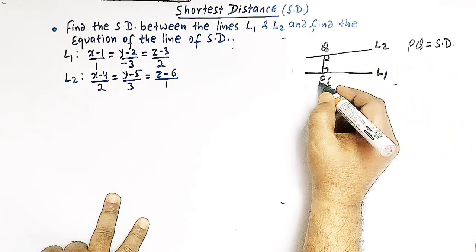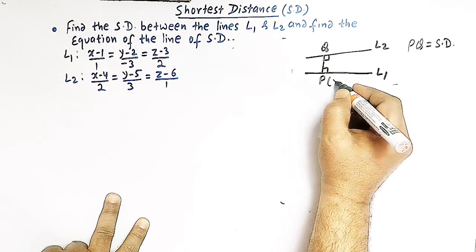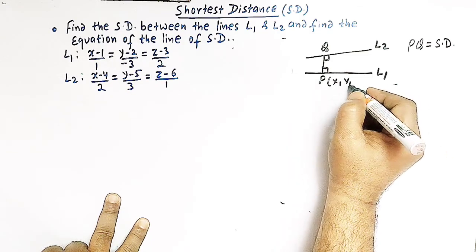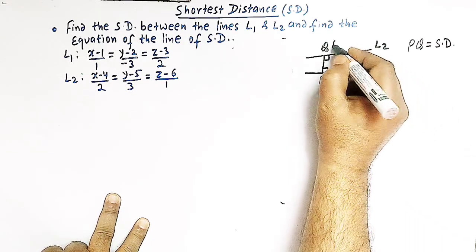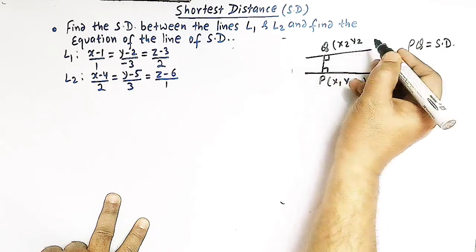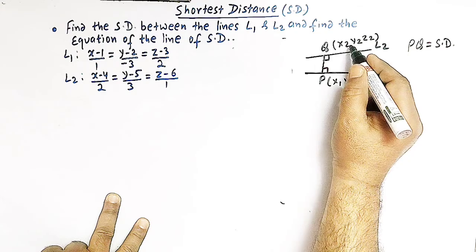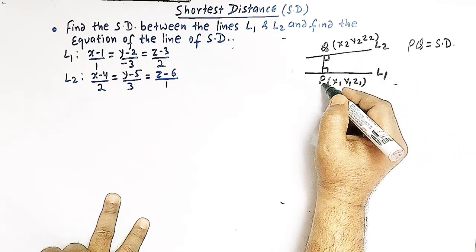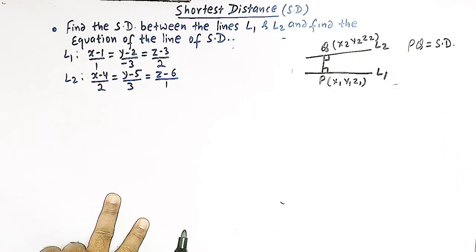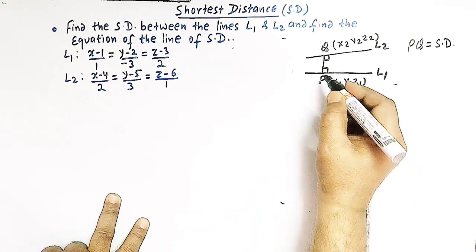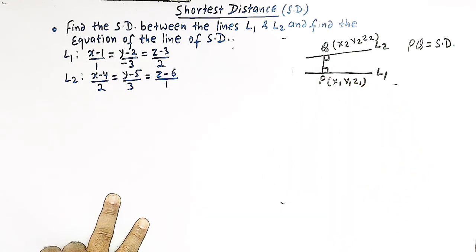Let us assume that this point P is x1, y1, z1, and this point Q is x2, y2, z2. Once we know the coordinates of P and Q, we can easily find the length PQ by using the distance formula.